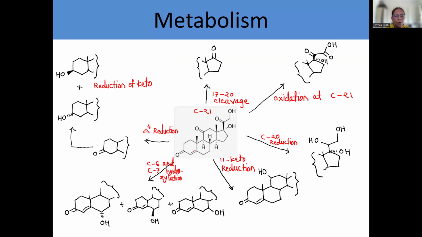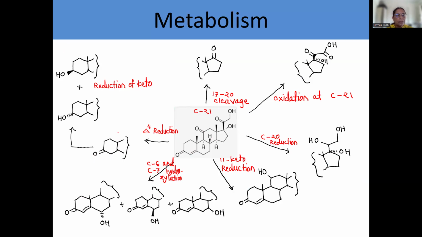First of all, if there is a carbonyl group at 3 position and there is a double bond at 4 position, how does the metabolism occur? In steroids which contain a carbonyl group at 3 position and a double bond at 4 position, the first step is reduction of the double bond.